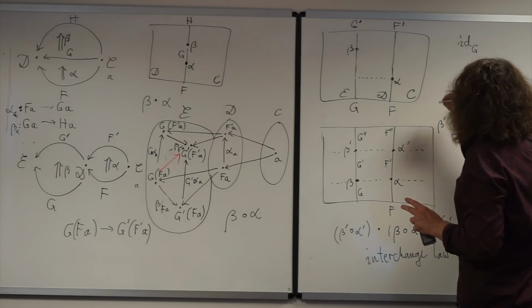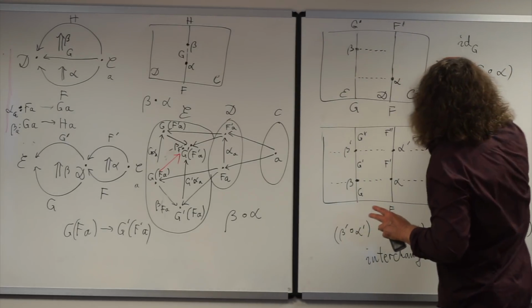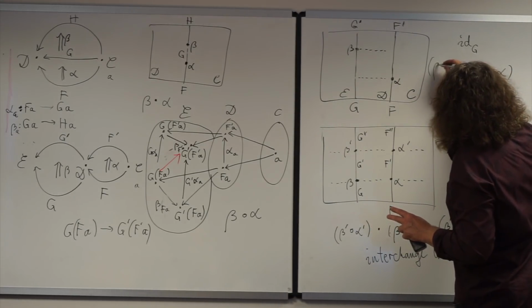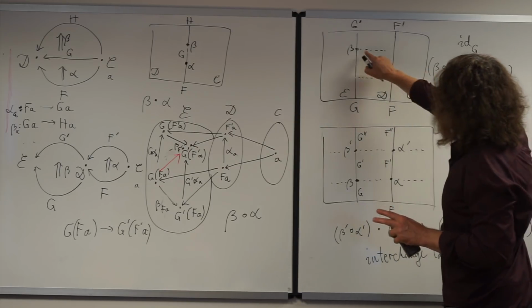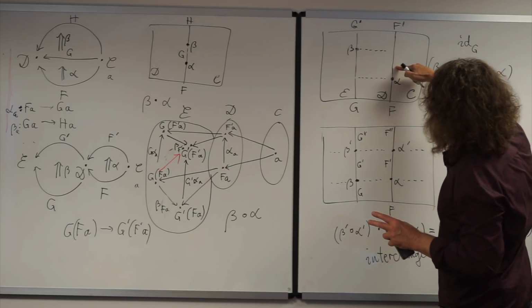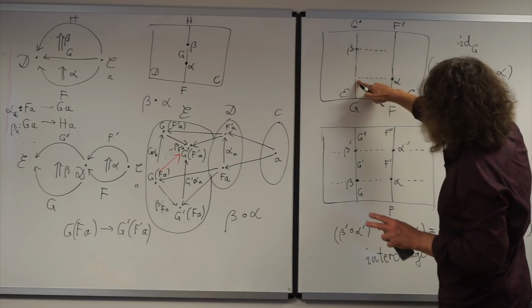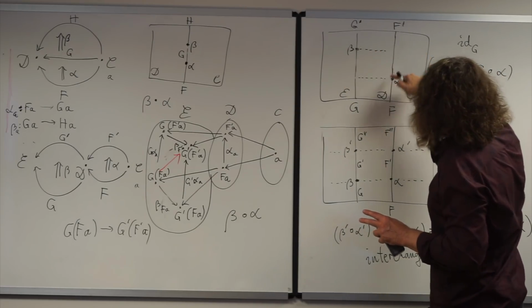I have G after alpha, and here I have beta after F prime, because this is an F prime line. So this is the G line, this is the F prime line.